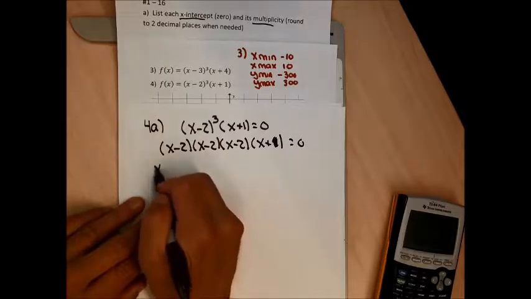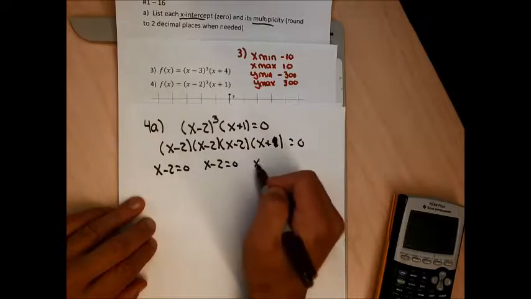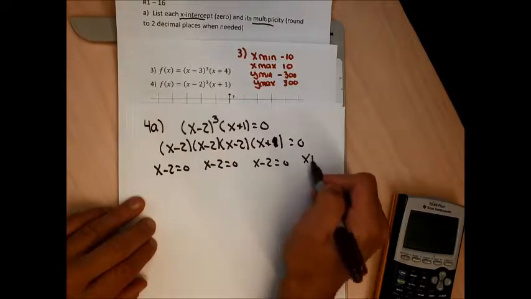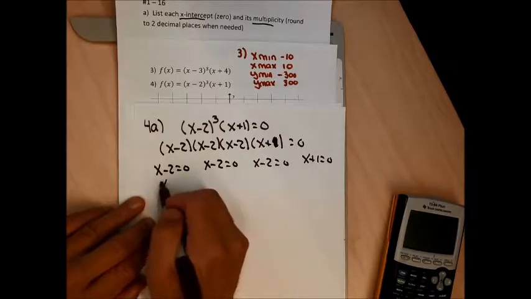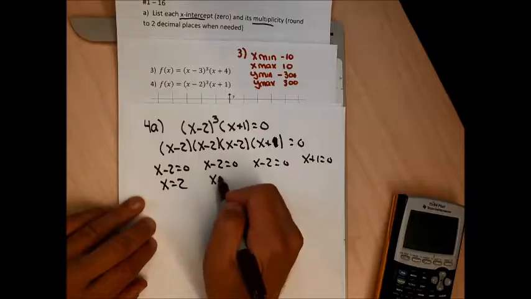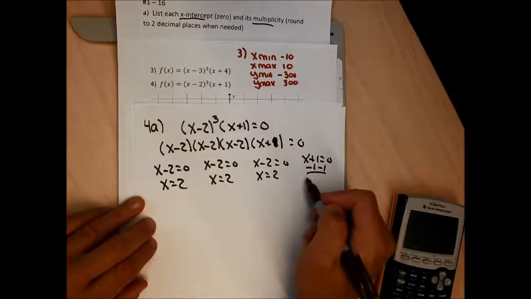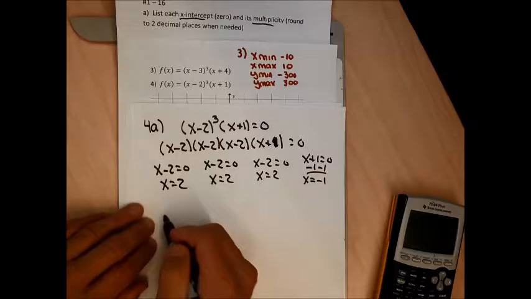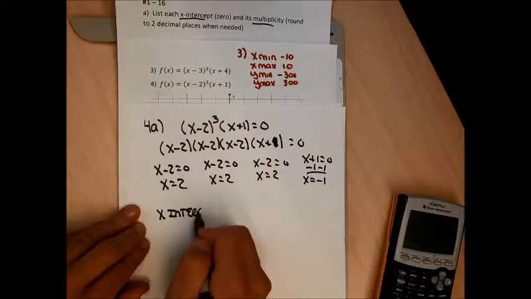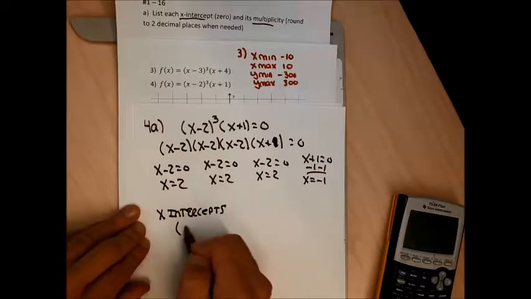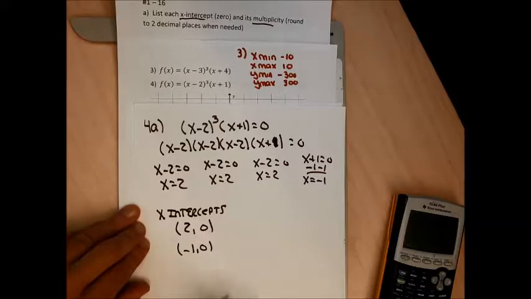And then go x − 2 = 0, x − 2 = 0, x − 2 = 0, x + 1 = 0. You add 2 to these and get x = 2, x = 2, x = 2. This one you subtract 1 from both sides and get x = −1. So I'm only going to have 2 distinct x-intercepts. My x-intercepts are going to be the points (2, 0) and (−1, 0).